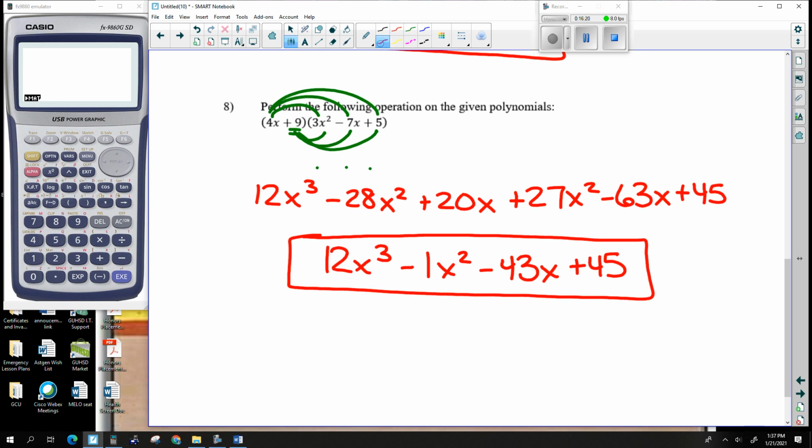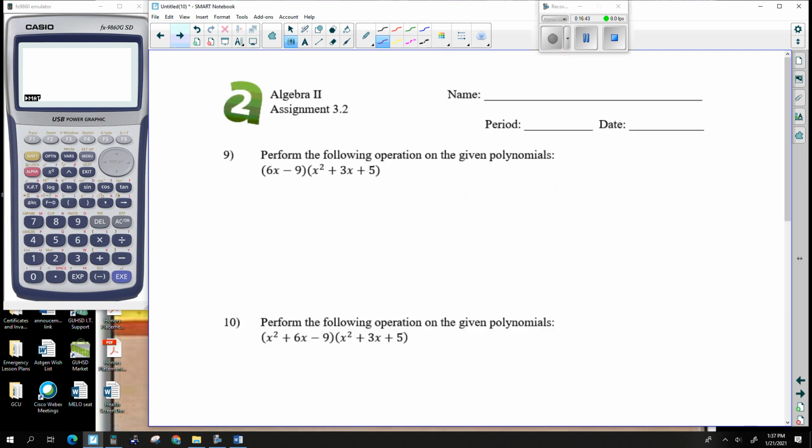And again, what I mentally do is I see that my biggest exponent is 3, so I go down 3, 2, 1, none, as far as the exponents of those x's. So I look for the x to the thirds, then I look at all the x squareds, then all the x's, and then all the normal numbers.